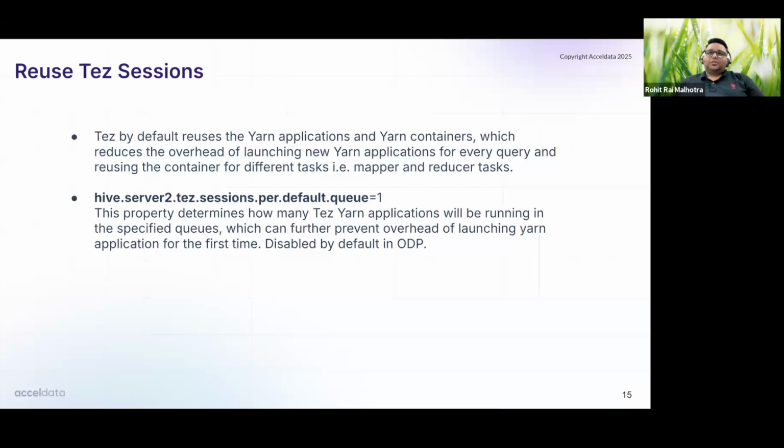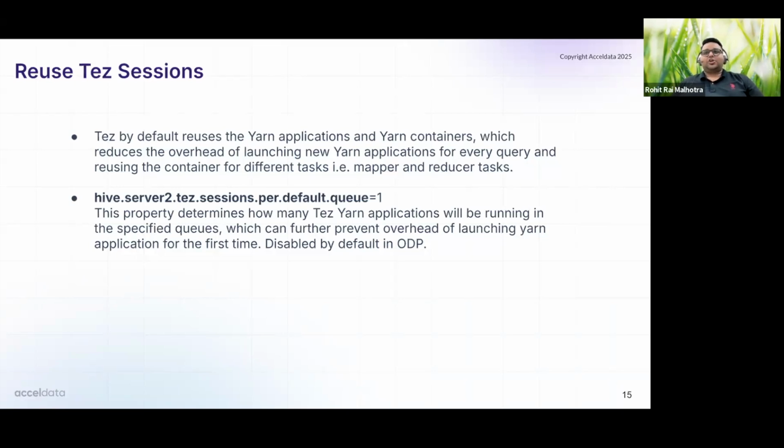Now, you need to be careful with this property as well, because this can lead to issues on the Hive server 2 startup time. So if you have any issue on your yarn side and you try to restart your Hive server 2 with this property set to at least one, then Hive server 2 makes sure that the yarn application comes up.